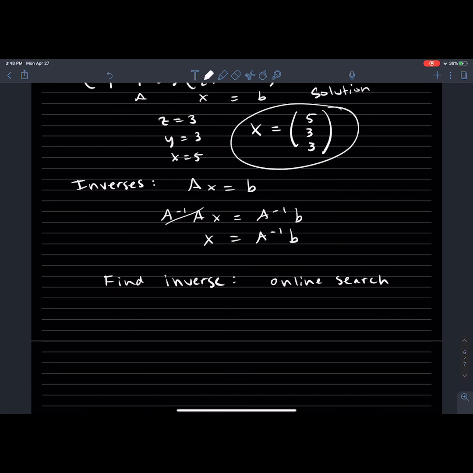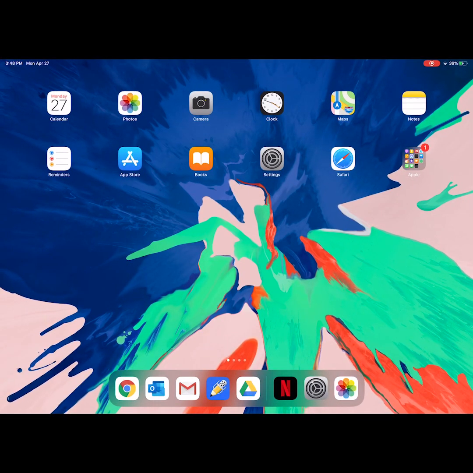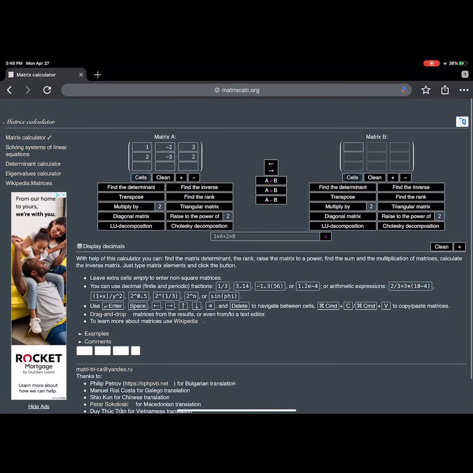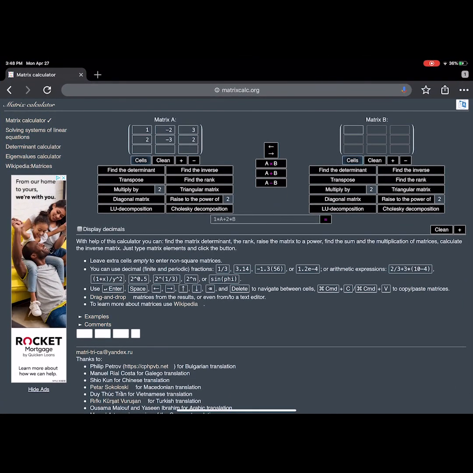Wolfram Alpha does it, but it's actually harder and takes longer to do it on Wolfram Alpha. So I'm going to search for matrix calculator. And you do that search. I already did that search on here. This is the first thing that comes up, matrixcalc.org, if you want to see it.